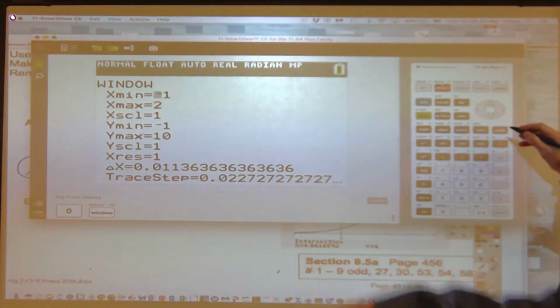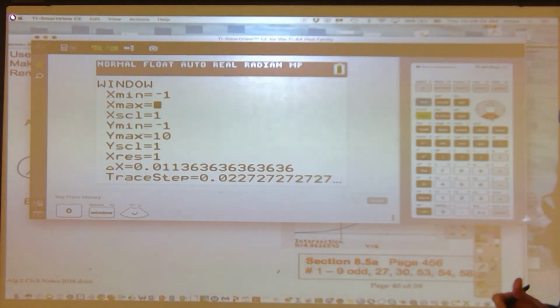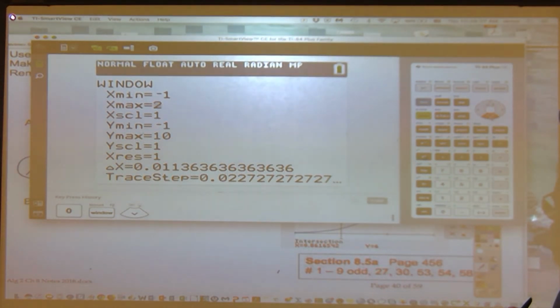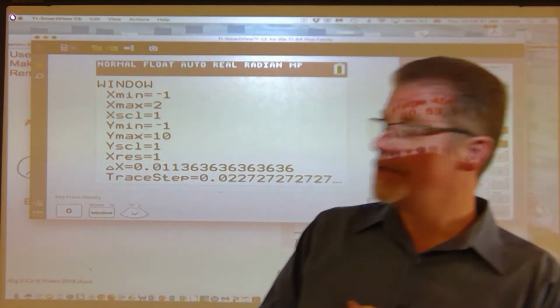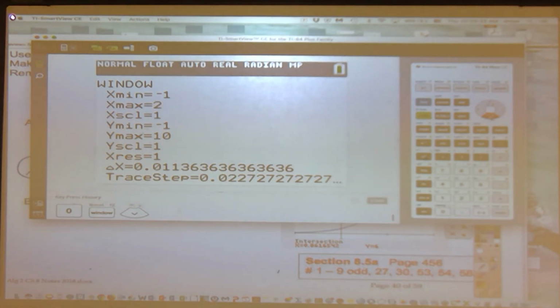I accidentally plotted a point on the graph, and I can't get rid of it. Do you mind if I take a look? There, you have a point on the graph, and you'd like to get rid of it.